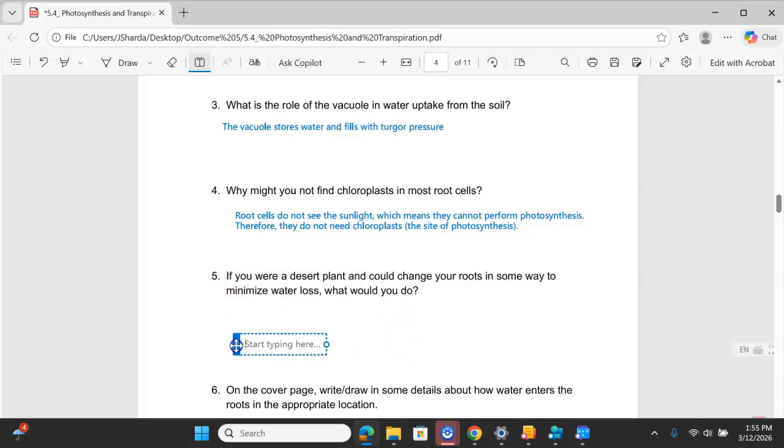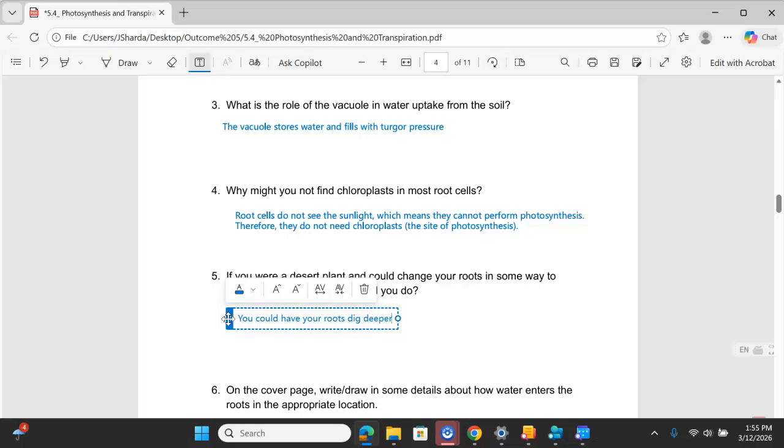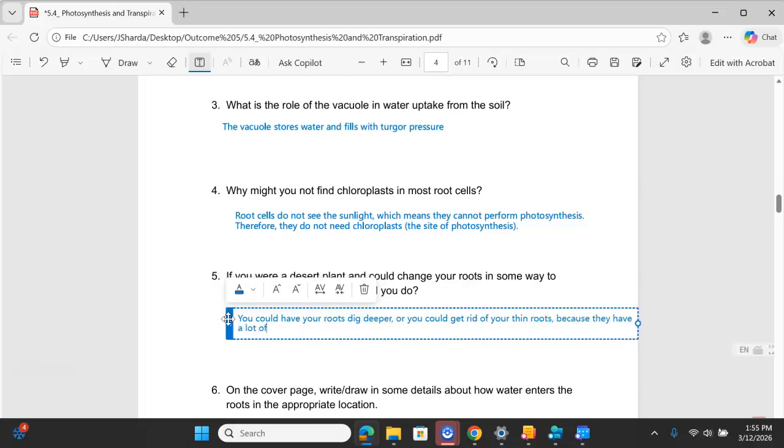All right. If I were a desert plant and could change my roots in some way to minimize water loss, what would you do? Again, think about it for a little bit. You could have your roots dig deeper, so maybe longer roots, or you could, and this is something that actually happens too, get rid of your thin roots because they have a lot of surface area and dry out quickly.